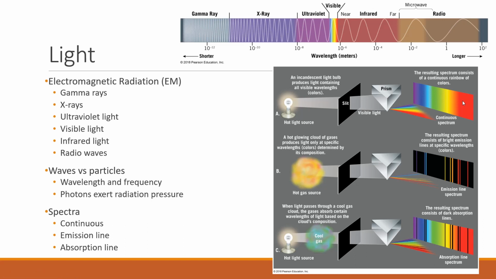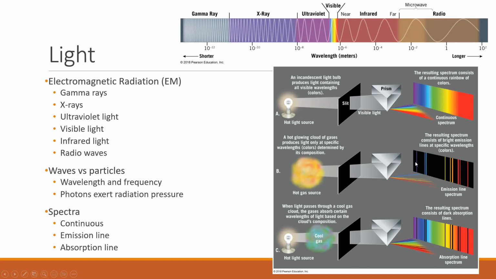We can also have what's called an emission line spectrum. This is the idea that we have an energy source and it's going to go through a prism, or come into an instrument, and instead of seeing the entire spectrum, we are only going to see certain bands that are specific to certain wavelengths.